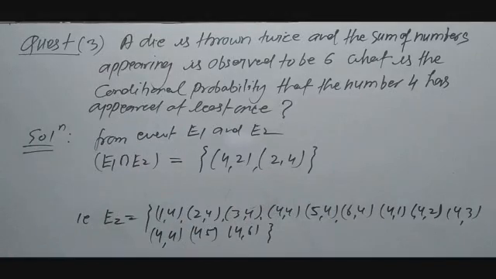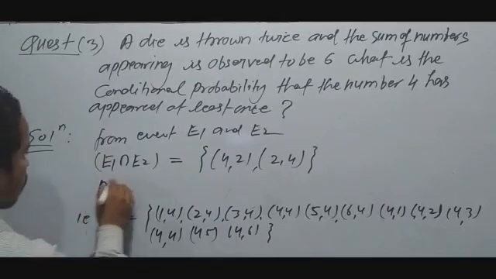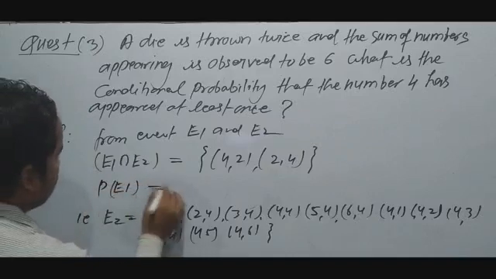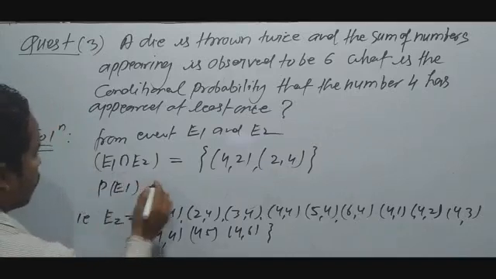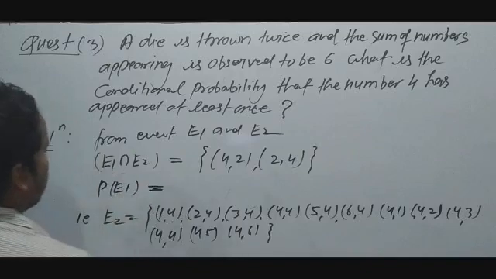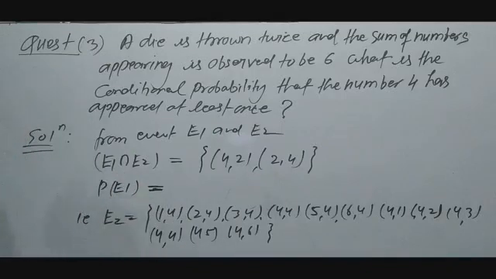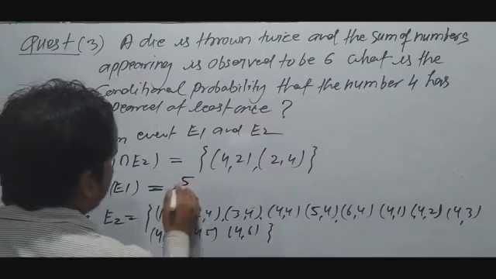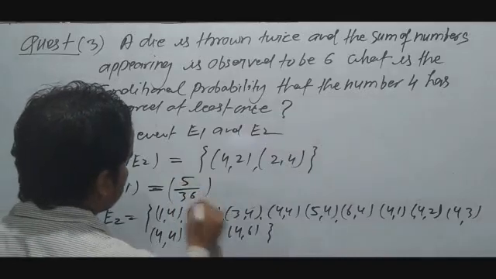Now first of all we have to calculate the probability of E1. E1 was {(5,1), (1,5), (4,2), (2,4), (3,3)}. So probability of E1 we can write 5 by 36.